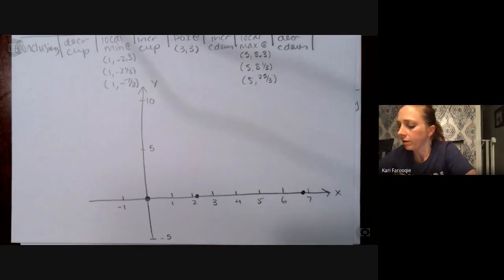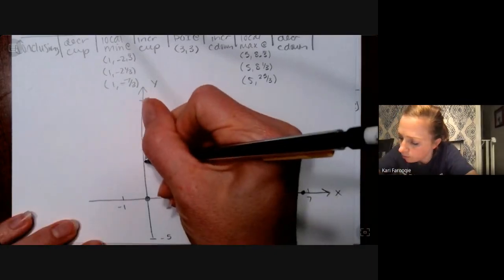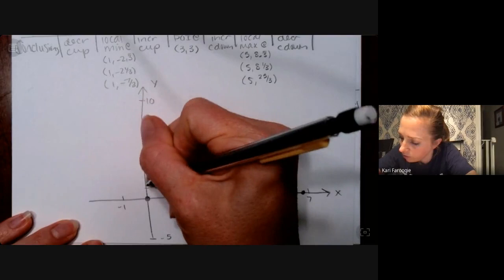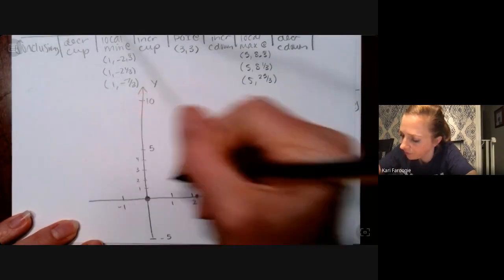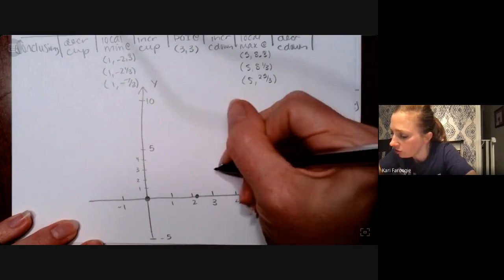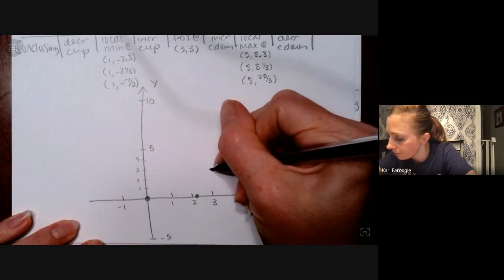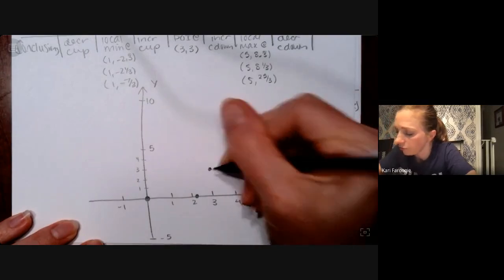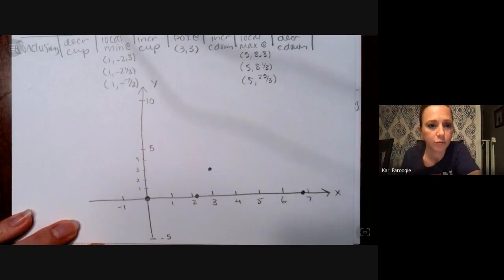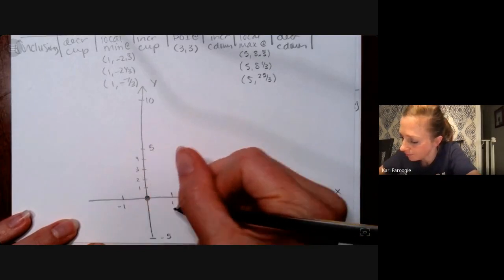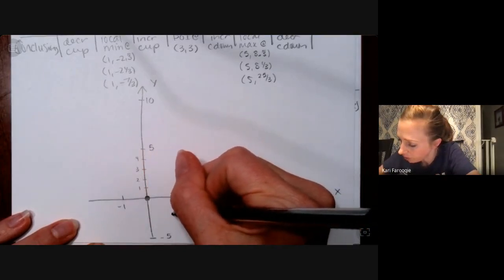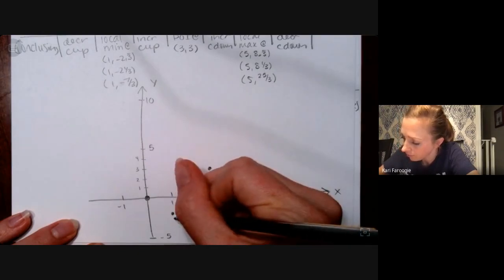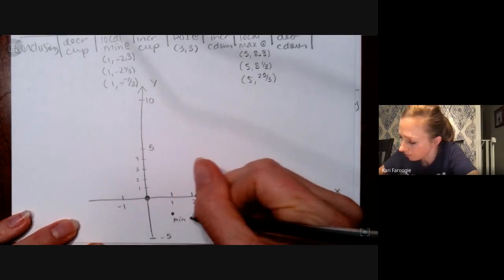I don't know if you want to label these subpoints 1, 2, 3, 4. But we know we have a point of inflection at 3, 3. So that's on the graph. I know I have a local min at 1 and -2.3. That's going to be really close to this halfway point.